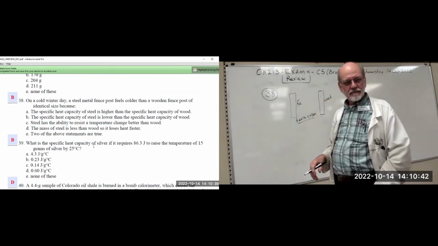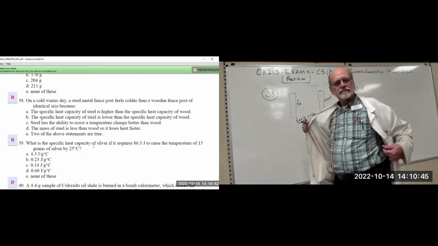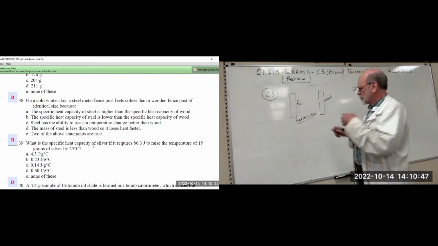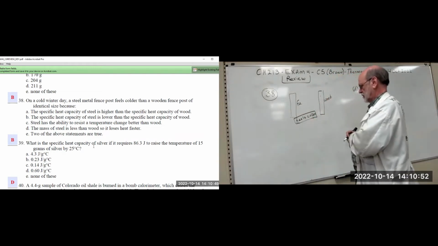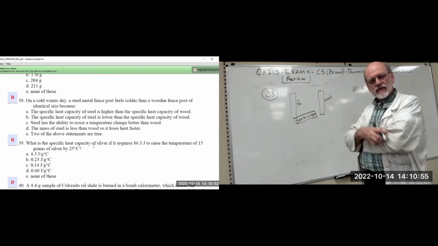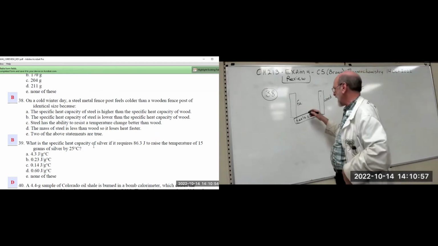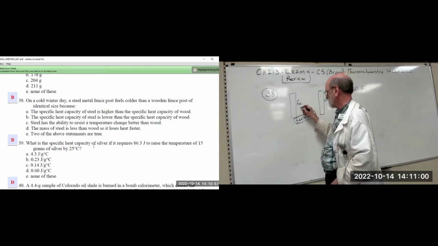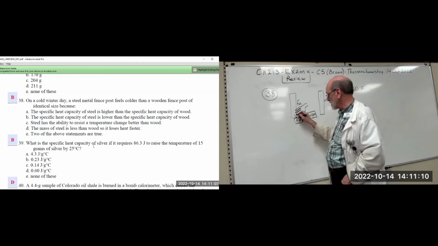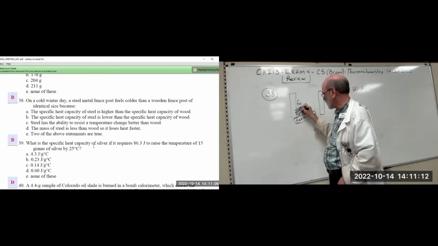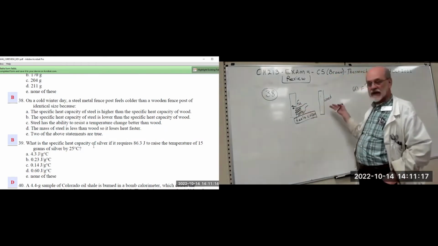How about, let's compare. Let's get to this point here. Feels colder. What does that mean? That means heat is being transferred out of your hand. So Q is going like this. And the same thing for wood.